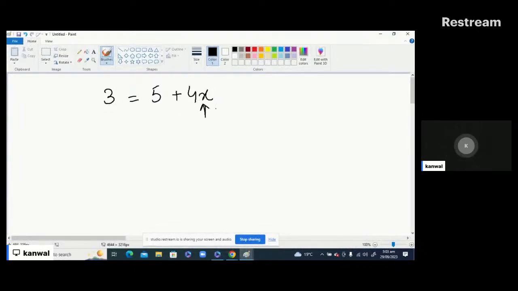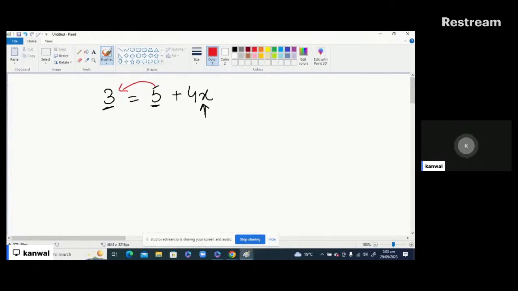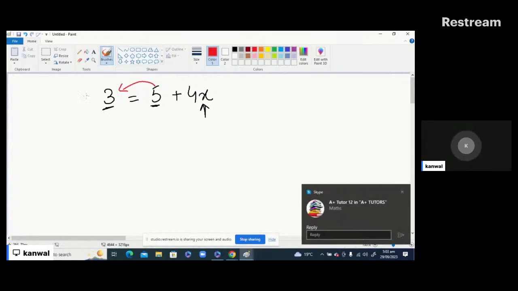Okay, so what we do, this is constant here, that is constant, this is constant with variable. So we just simply move this term from this side to this side. This is a first method. If you want to solve it like this method, this is also all right, or if you want to just add with 3 or minus with 3, this is also all right.